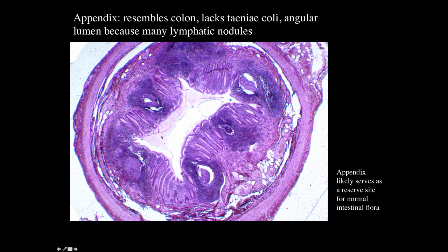Well, some people are beginning to think that the bacterial microbiome, if you want, is held in reserve in the appendix. So oftentimes when you have GI upsets, you're taking antibiotics, doing whatever, you disrupt the bacterial flora in the GI tract, and that can give you all kinds of problems, but that bacterial flora may repopulate itself from reserves that are held in the lumen of the appendix.